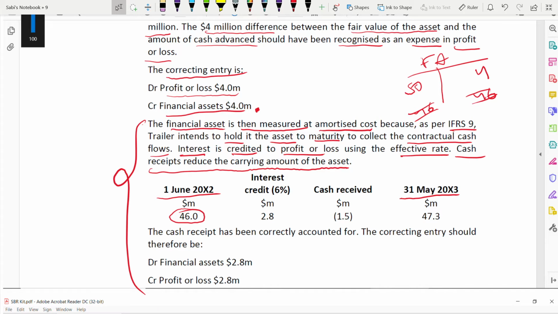The cash receipts, the interest, because of that your carrying amount of the asset, it's a loan, you have to think like that, will reduce. Finally, slowly at some stage, it will become zero. On 31st May 2005, the amount of the loan will be zero.